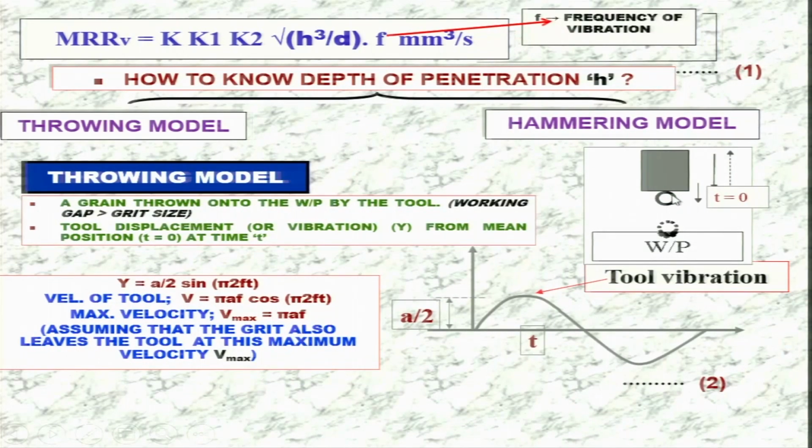We are assuming that the velocity of the grit is the same as the velocity of the tool at that point of time.